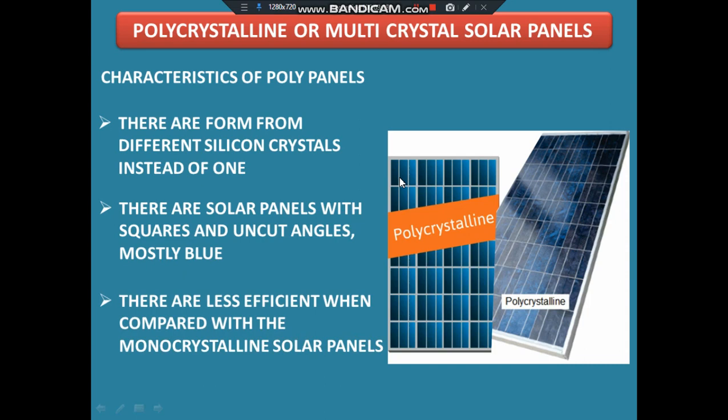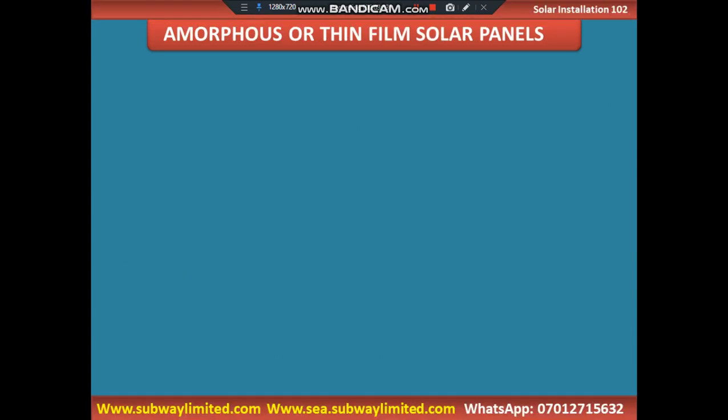So if you are using your polycrystalline solar panel, you cannot expect to have the same efficiency compared to when you are using your monocrystalline solar panel, and the costs cannot be the same. So when you are buying your solar panels, the polycrystalline solar panels will be cheaper than the monocrystalline solar panels because of their lower efficiency.